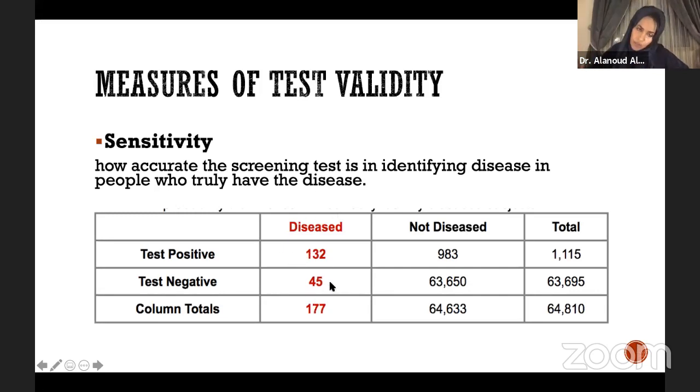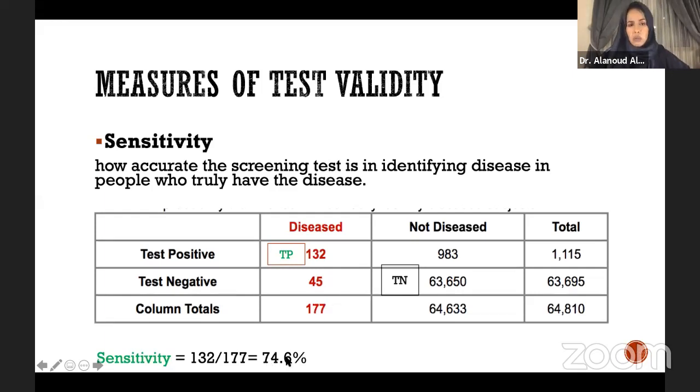Given you have the disease, that means the denominator will be the disease. So in this table or scenario, the sensitivity will be 132 over all the total diseased patients. So the sensitivity is detecting the true positive, while specificity will detect the true negative. To calculate sensitivity in this scenario, it's 132 divided by the total diseased population, and it will be 74.6%, which is not bad.